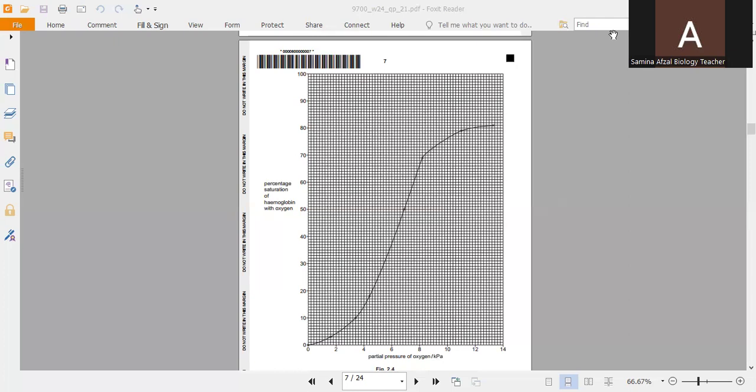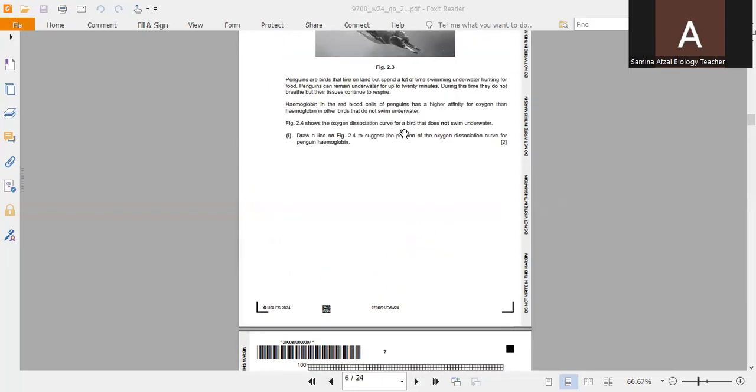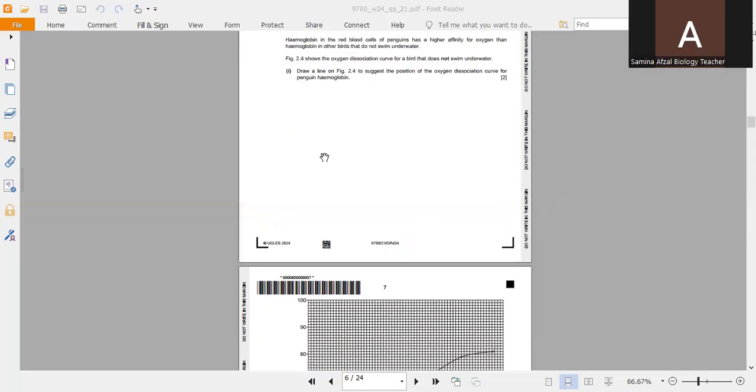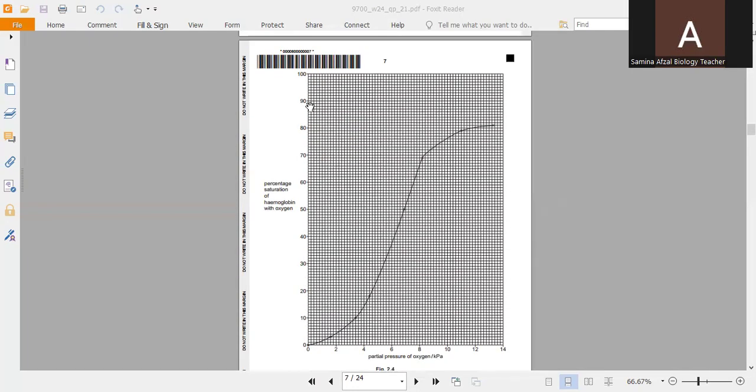So, question. I have moved to the question again that we have to draw. This is the curve for a bird that does not swim underwater, but we have to show the position of the oxygen dissociation for penguin hemoglobin, which can swim underwater for about 20 minutes. So it means it has more affinity for oxygen.